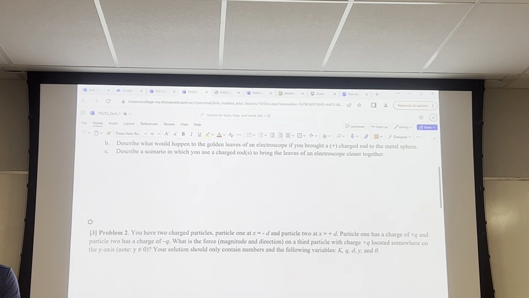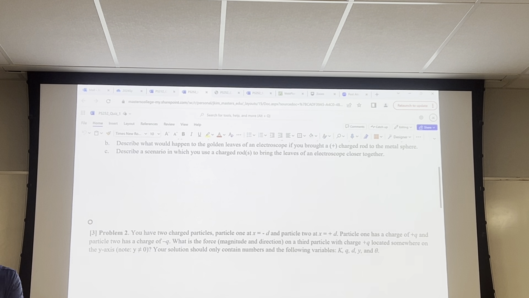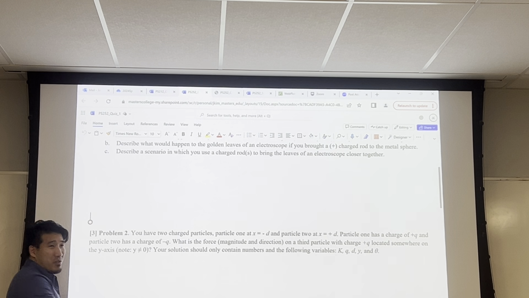So let's first begin by drawing the scenario. This is the origin, and I said this has positive charge, and this is at negative d. This is a negative charge, and this is at positive d. I want to know if we were to place a third charge on the y-axis, except not y is equal to 0.